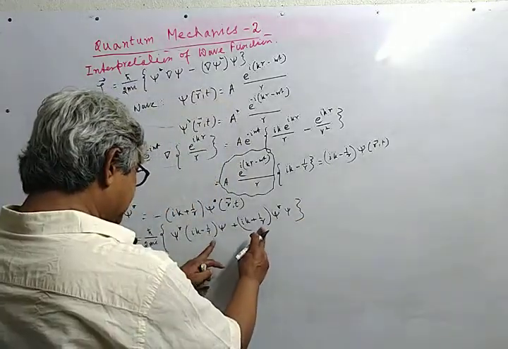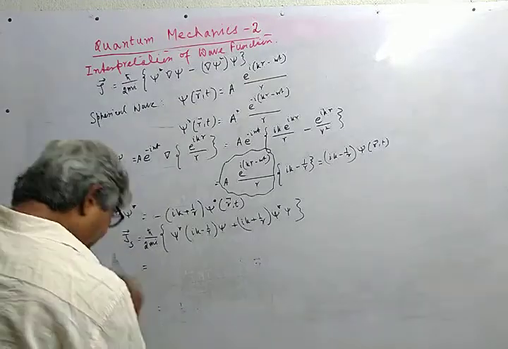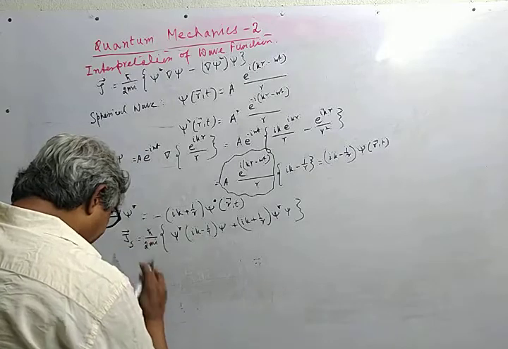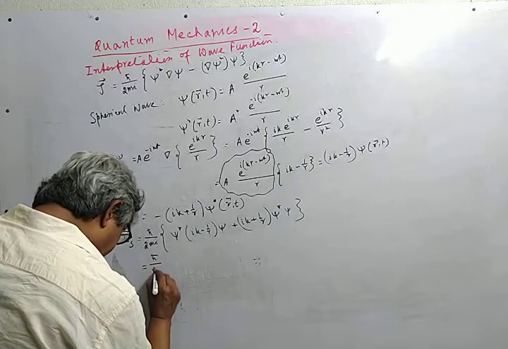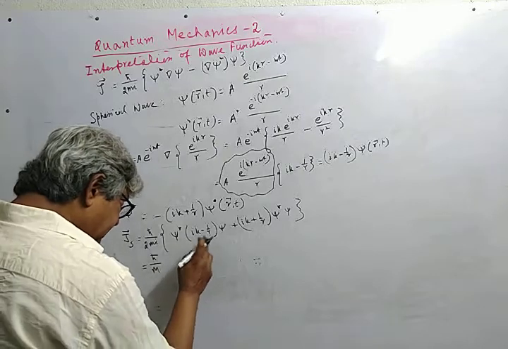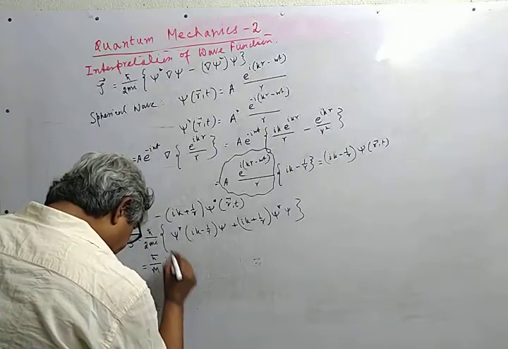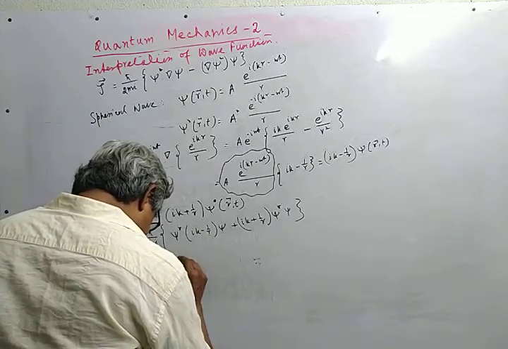This term cancels and these two terms prevail, and this 2i will be cancelled, so h upon m, and there will be ik times psi star psi.